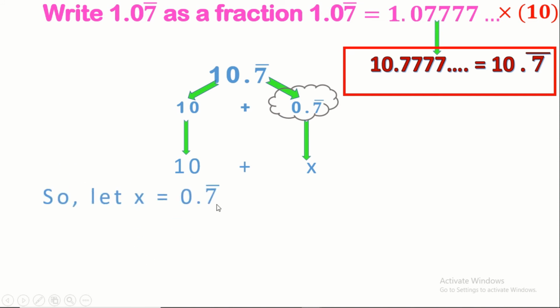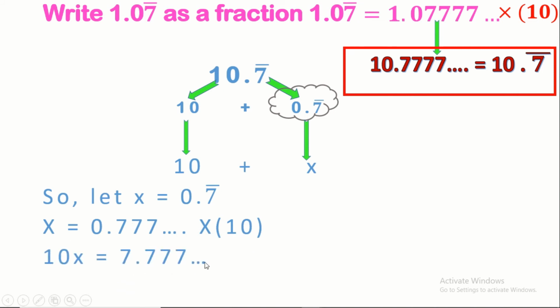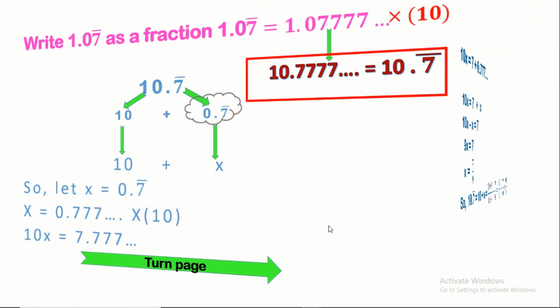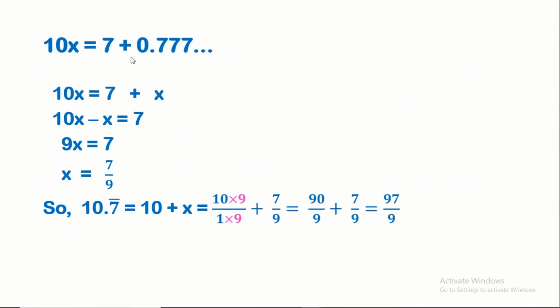The x equals 0.7 bar, which is 0.777. We multiply it by 10 to get 7.7. Now we isolate the integral part alone to get x again. So it's 7 plus 0.77, which is x. So 10x equals 7 plus x, as we have solved before. Now we can get it, x equals 7 over 9.